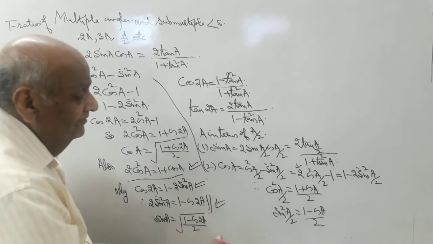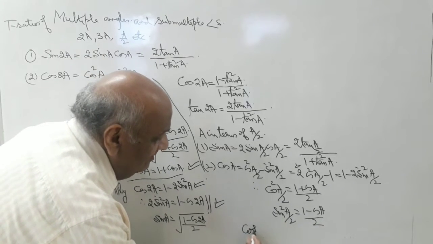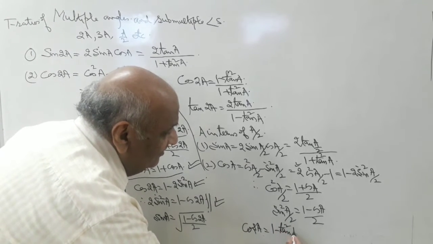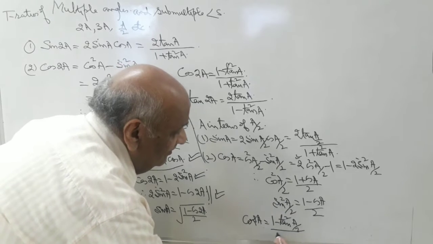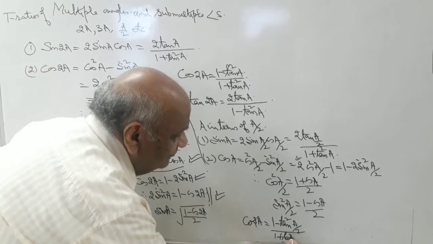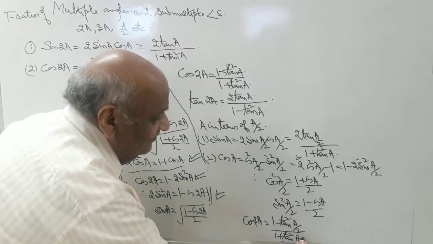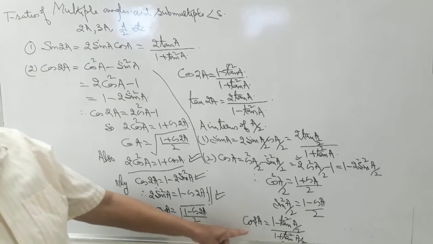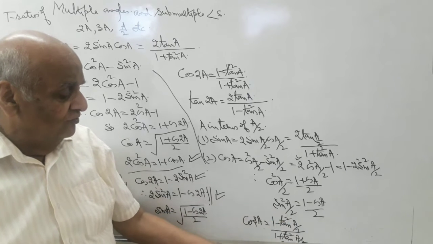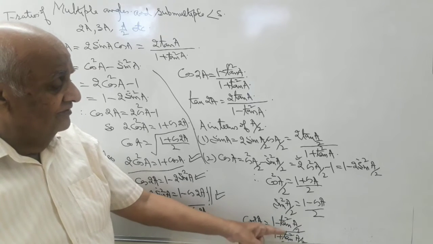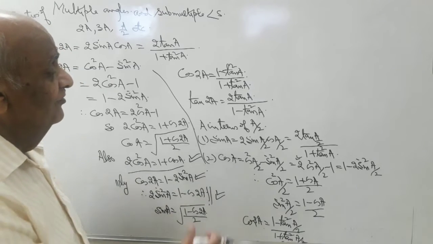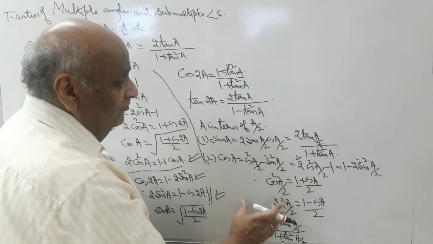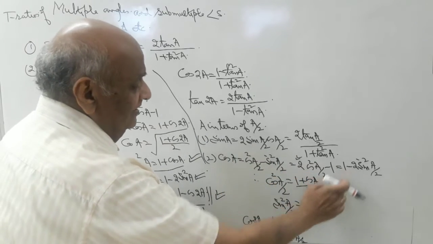And again, cos A in terms of tangents is (1 minus tan square A by 2) over (1 plus tan square A by 2). So now sin A, cos A in terms of A by 2, there are 4 results: 1, 2, 3 and 4.